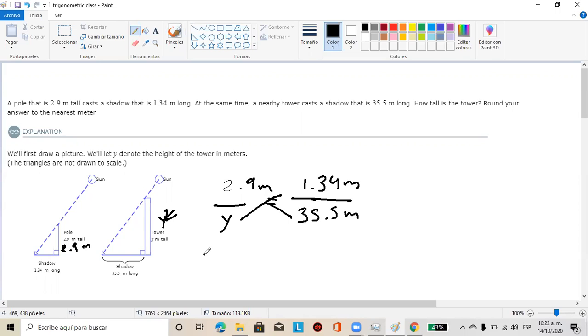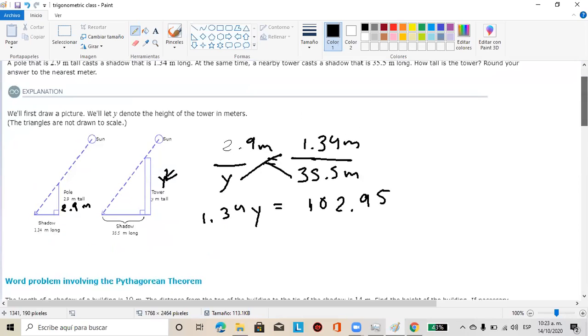In this case, we have 1.34y is equal to, let's multiply these two, 2.9 by 35.5. This is equal to 102.95. Okay, so now how tall is the tower?